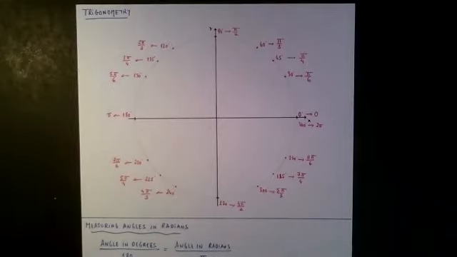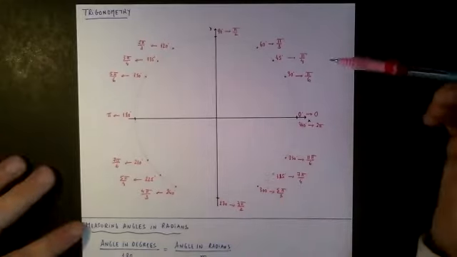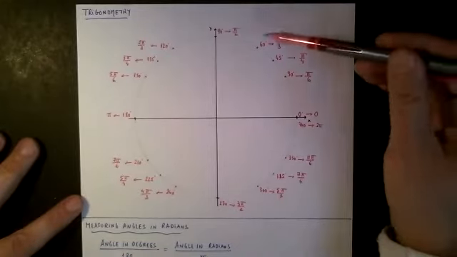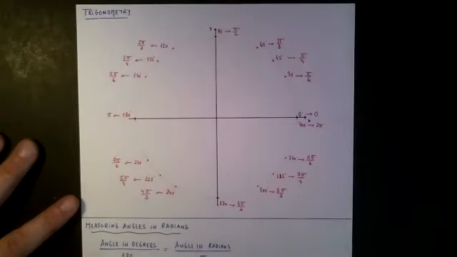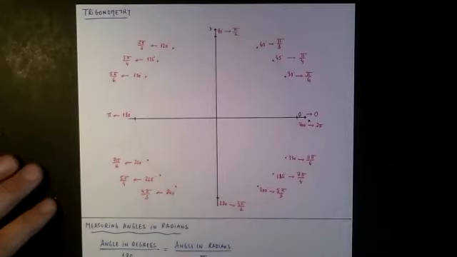Okay, so at this point, I'm going to do the exercise of finding the coordinates of each of these points, for each of these angles. So to each angle corresponds a point on the circle, and that's what I'm looking for. Okay, so let's start with the easy ones.